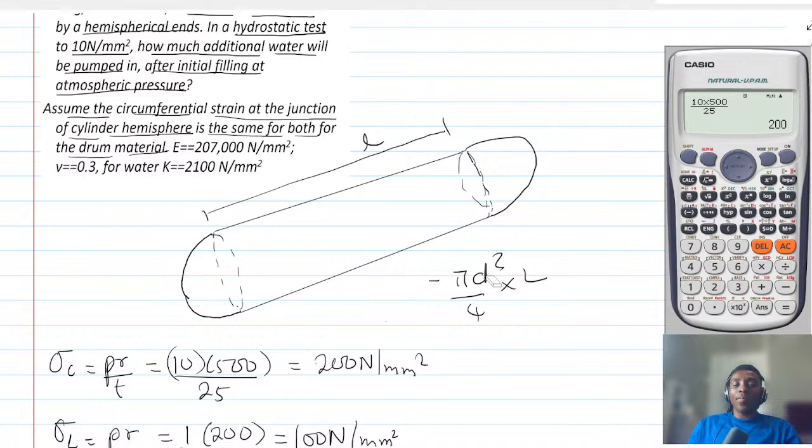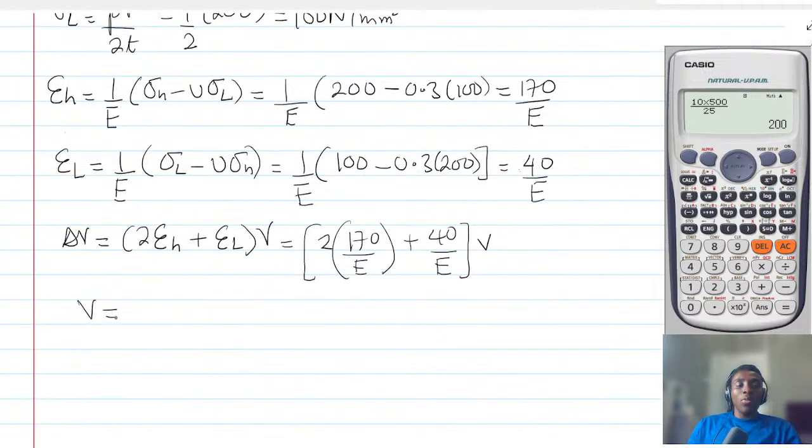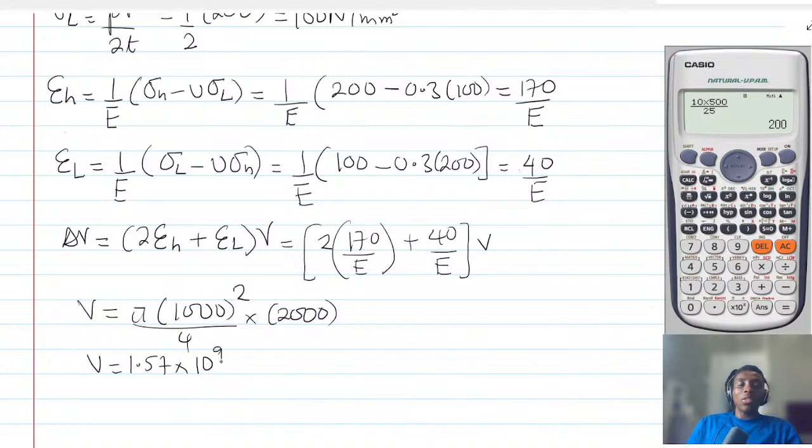The volume is going to be pi times the diameter, 1000, squared over 4, and the length is 2 meters, so it's like 2000. Now the volume is going to be 1.57 times 10 to the power 9 millimeters cube.